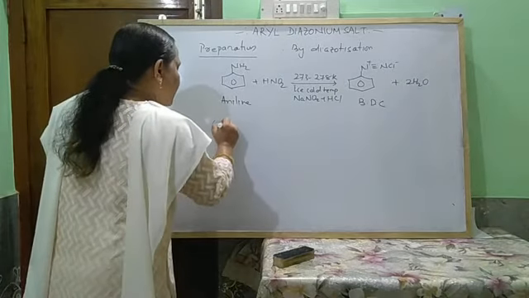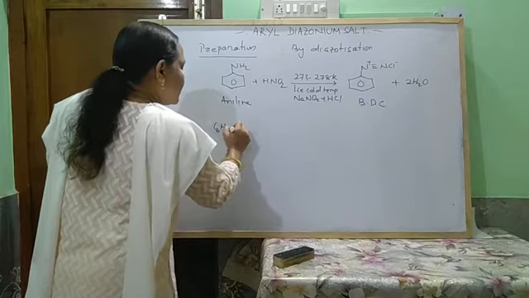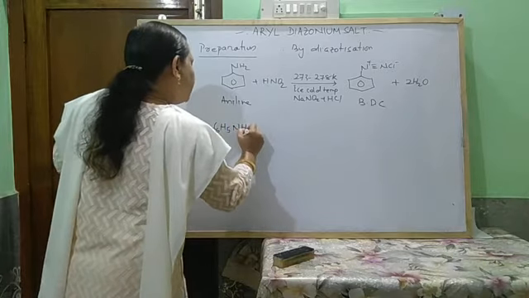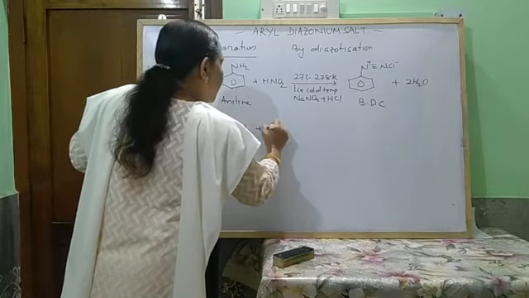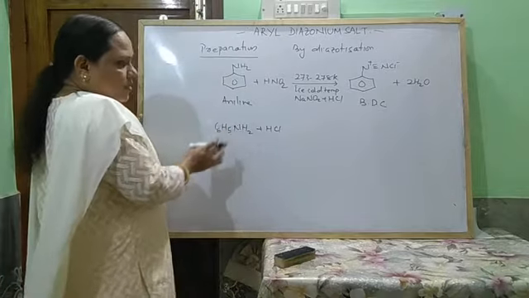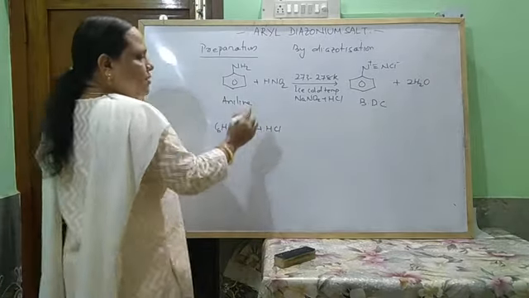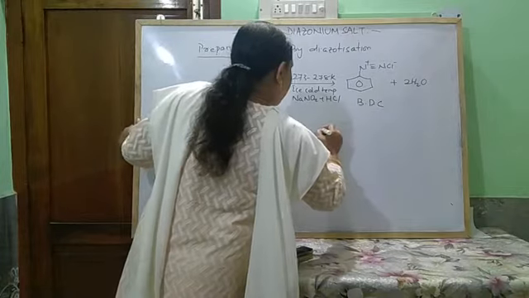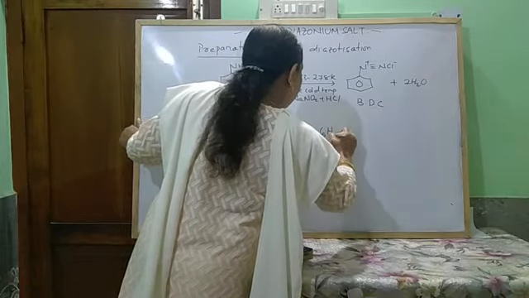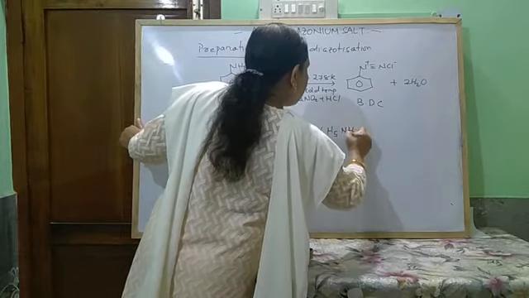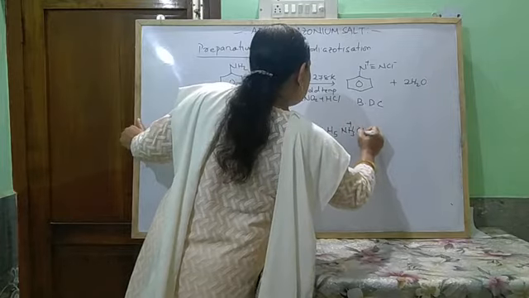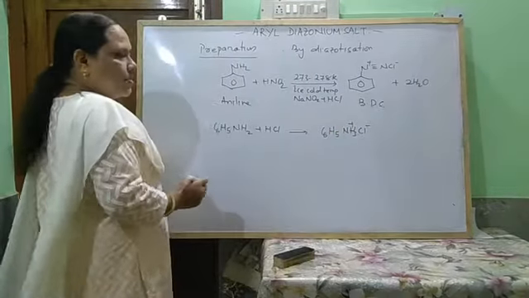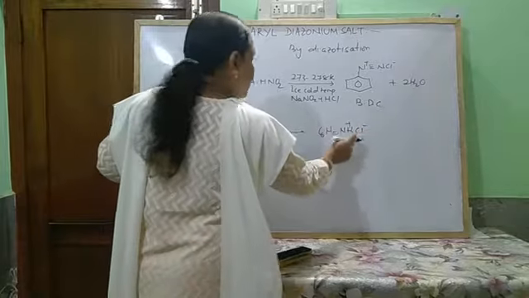Actually, how does this reaction take place? First, this aniline is treated with HCl at ice cold temperature to form anilinium hydrochloride, or anilinium chloride.